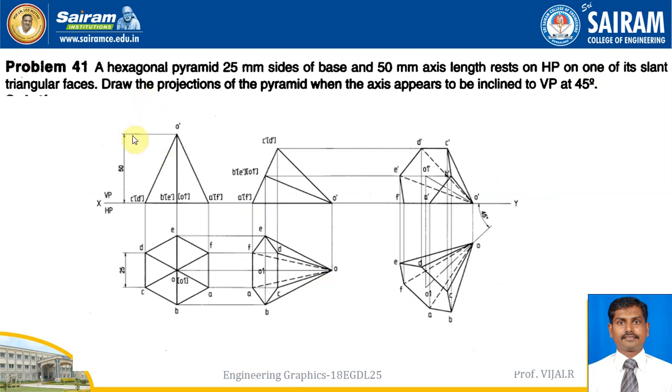Problem 41: first, as I said, it's a slant triangular face, so I have to keep it on an edge position. When we see this hexagonal pyramid like this, you will get the front view like that. If you draw this correctly, then the remaining you will do easily automatically.